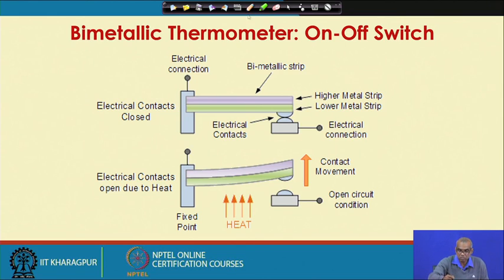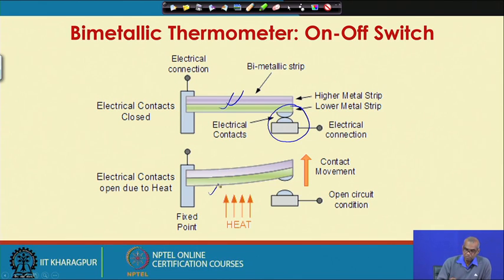So, this is how it can be used as on-off switch. Here you see the electrical contact is established. This is the bimetallic strip.